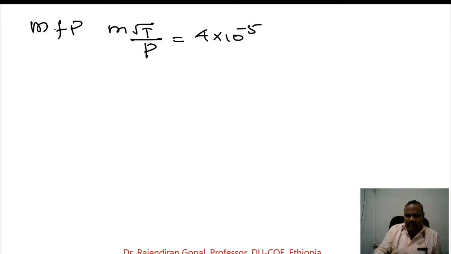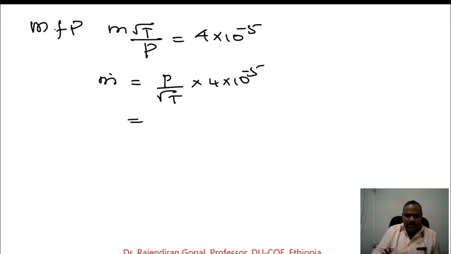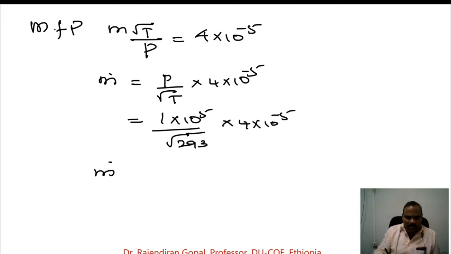Now this mass flow parameter m into root of T by P is equal to 4 into 10 to the power minus 5. Then mass flow rate is equal to P divided by root T into 4 into 10 to the power minus 5. That is equal to 1 into 10 to the power 5 over root of 293 into 4 into 10 to the power minus 5. We get mass flow rate is equal to 0.234 kg per second.